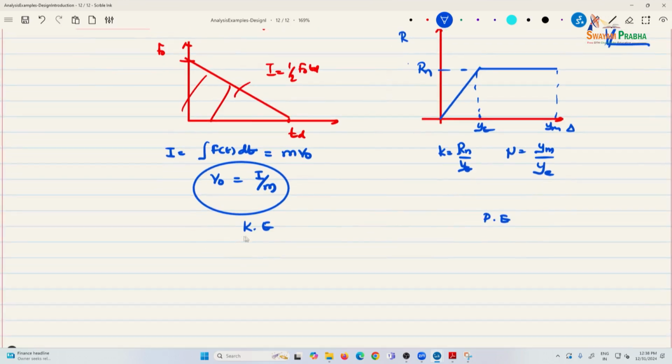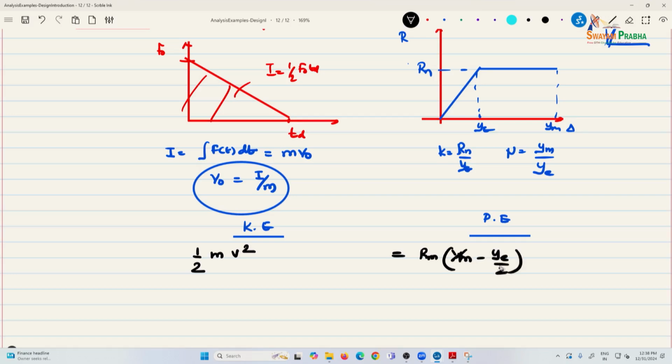So we have 1/2 m v squared equals Rn, same thing, x or y m minus Ye by 2. So substituting 1/2 m, we have done this before, but we'll look at it from a slightly different perspective.